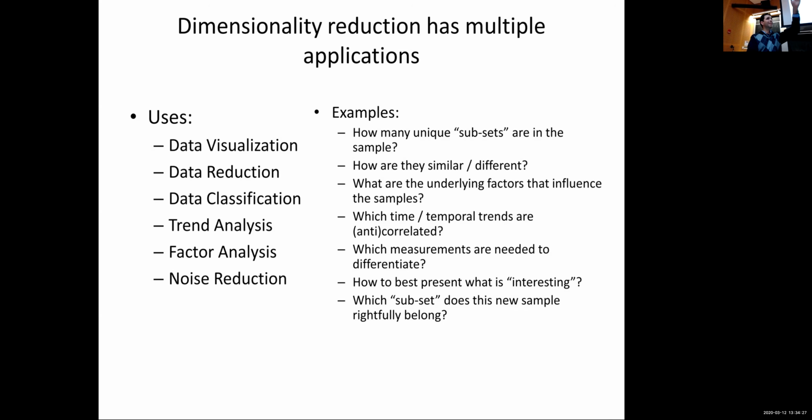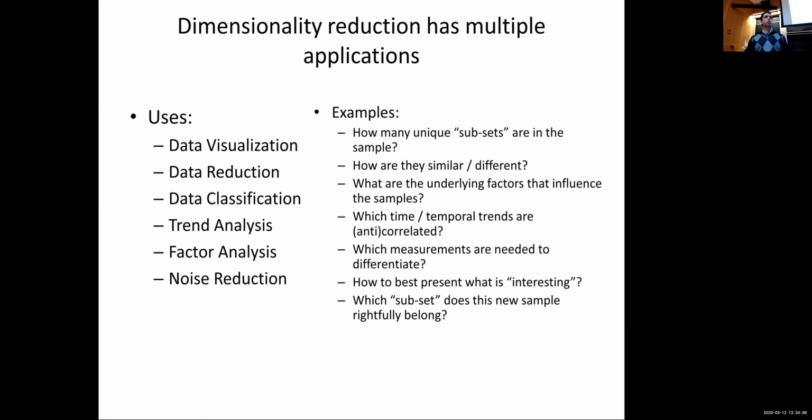Basically, when I measure 20,000 genes across 100 conditions, the underlying dimensionality of the data is not necessarily 2 million. It's actually much, much smaller. And the reason for that is because of that coordinated gene regulatory circuitry.